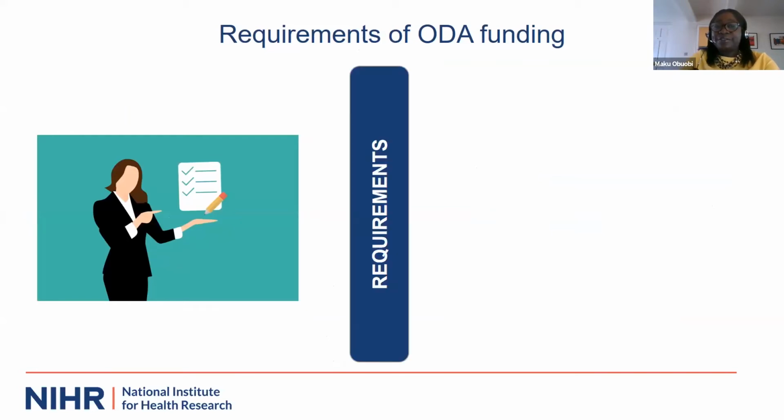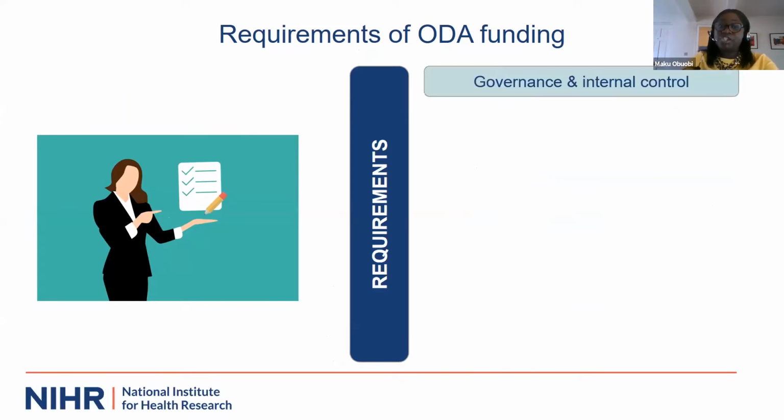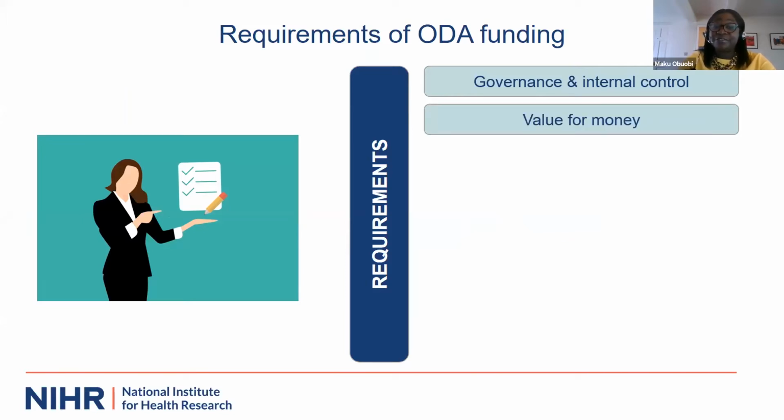So there are specific guidelines and requirements for the management of ODA funds, some of which are over and above those required for domestic contracts. These include ensuring that contractors and awardees have appropriate policies in place to prohibit exploitation and abuse of funds, ensuring that project design, delivery, and management is undertaken in the most economical way and offers good use of public funds, robust financial management systems to ensure that ODA funds can be tracked and evidenced.